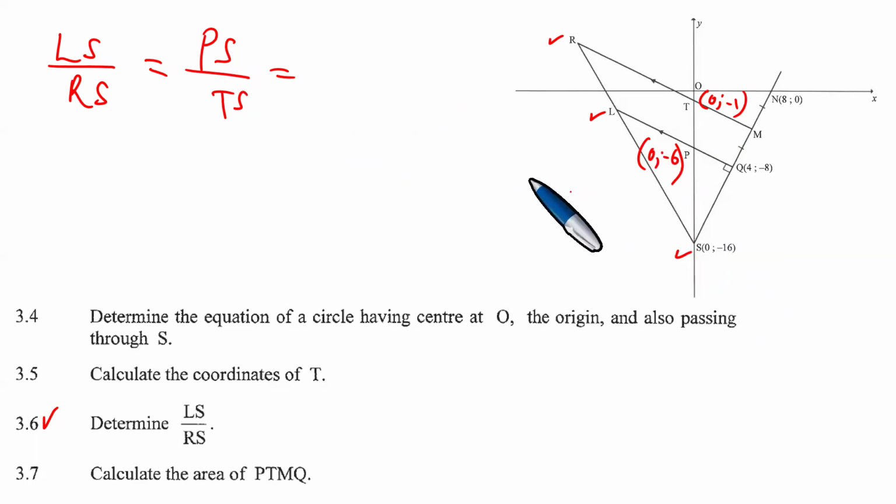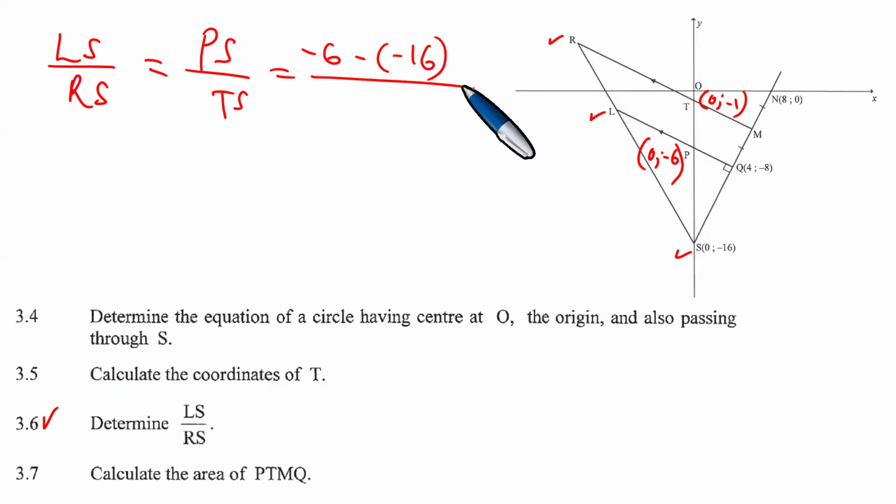We're looking at the PS here, and therefore the distance between -6 and -16 is actually 10. You subtract them in a way that is going to produce a positive, not a negative. So the distance between -6 and -16, you subtract them like this.